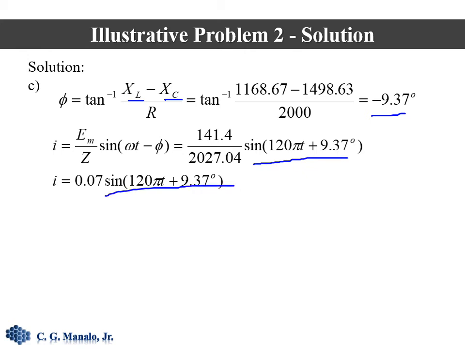Since the circuit is capacitive in nature and behaves like a series RC, we will get a current that will lead compared to the sinusoidal source. So now that we have the steady state, we could compute its RMS value by dividing the amplitude by square root of 2, and that will give us this result.